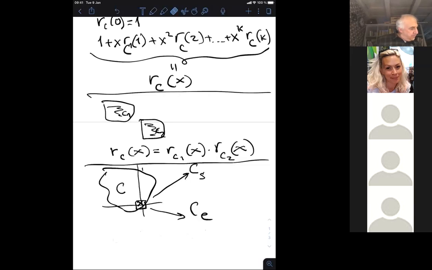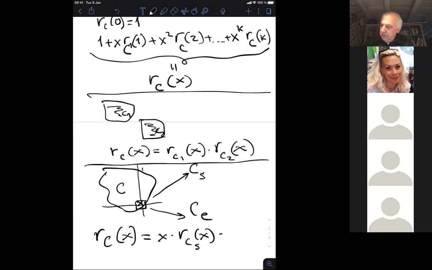So the rook polynomial of our original chessboard C was equal to x times the rook polynomial where we cross out the row and the column, and then to this we should add the rook polynomial when we eliminate just one square.